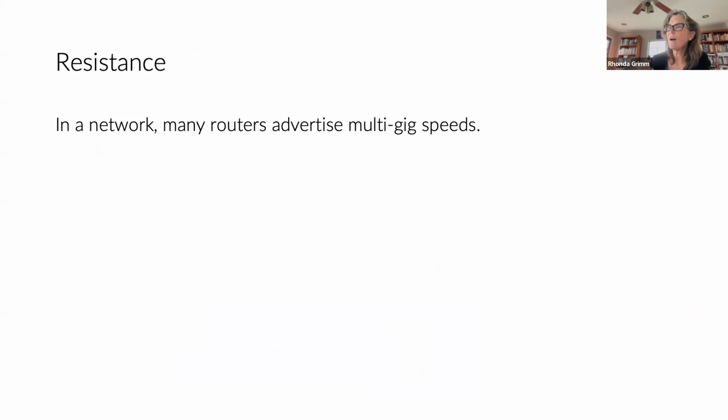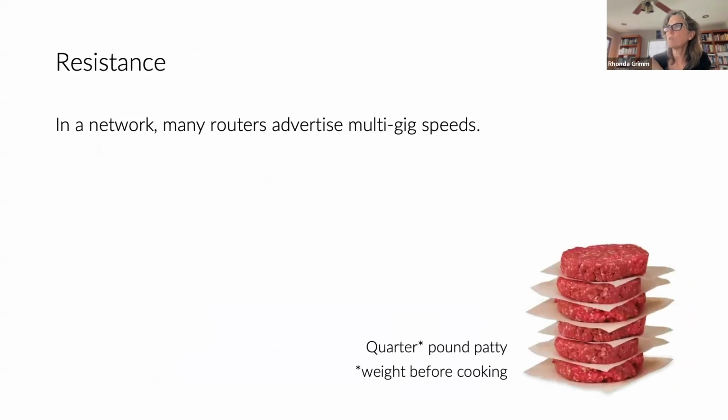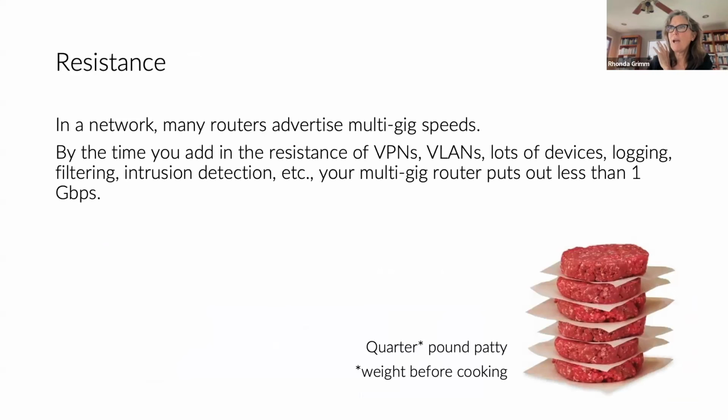Many routers on the network will advertise multi-gig speeds. It's kind of like the quarter pounder: it's weighed before cooking. By the time you add the resistance of VPNs and VLANs and all these devices, and logging and filtering and intrusion detection, your multi-gig router puts out less than 1 gigabit per second.